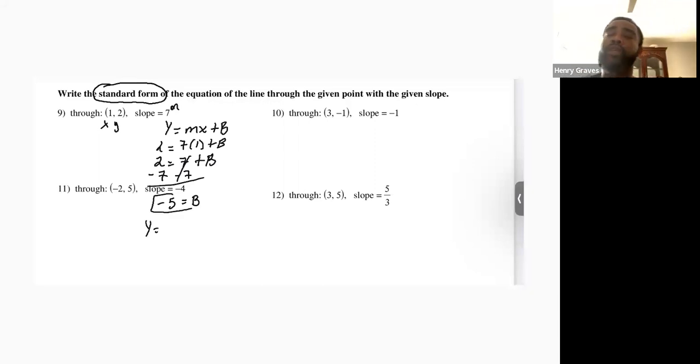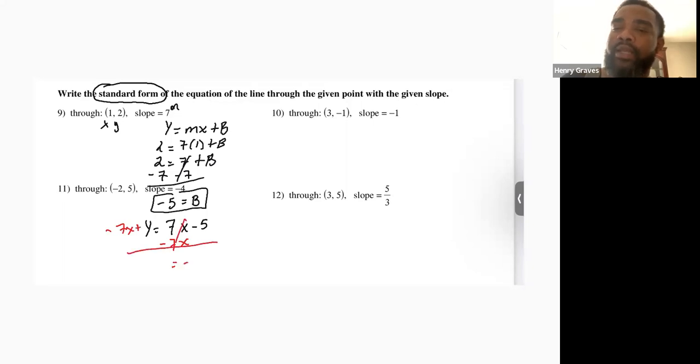We're not done, of course, because now we need to take that slope-intercept form and write it in standard form. So the first thing I'm going to do is subtract 7x on both sides. Negative 5 is going to equal negative 7x plus y.